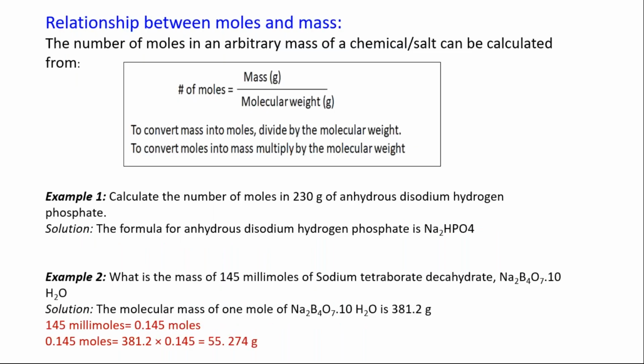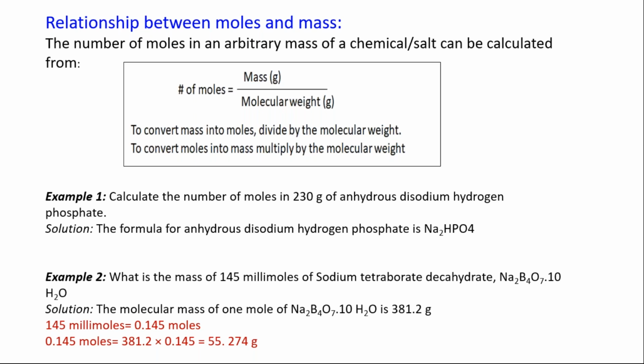So what is the relationship between moles and mass? Moles is the mass divided by molecular weight. Very easy to remember. To convert mass into moles, you divide by the molecular weight.